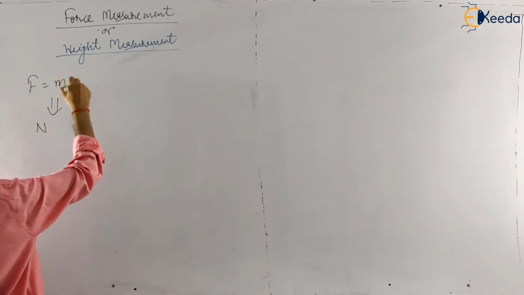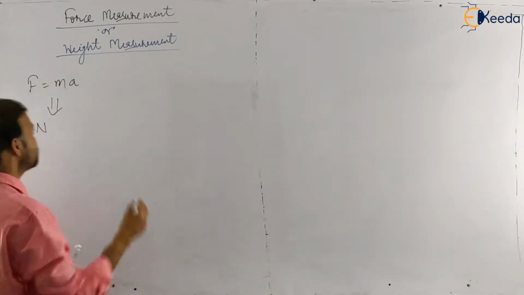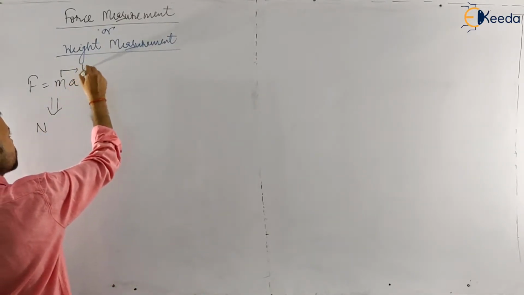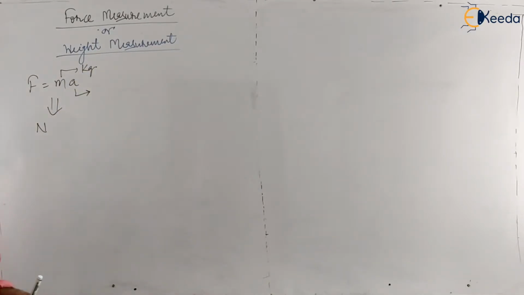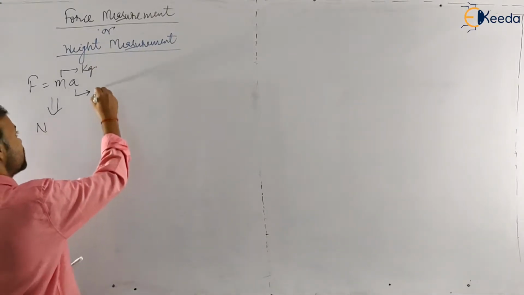According to the formula, mass has the unit of kilogram, okay? And what is the unit of acceleration? Meter square per second or meter per second square? Meter per second square.